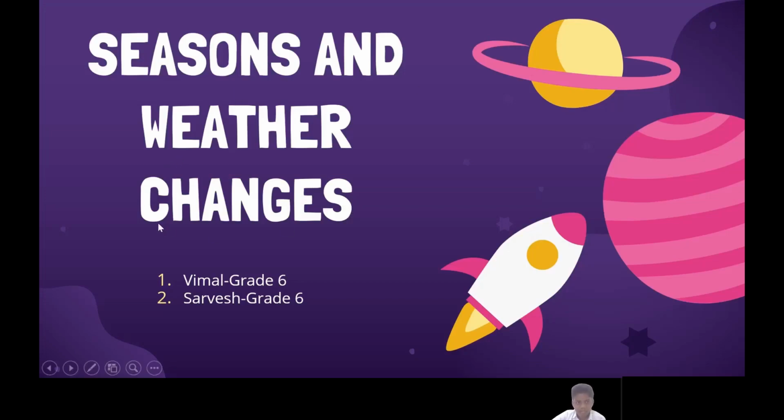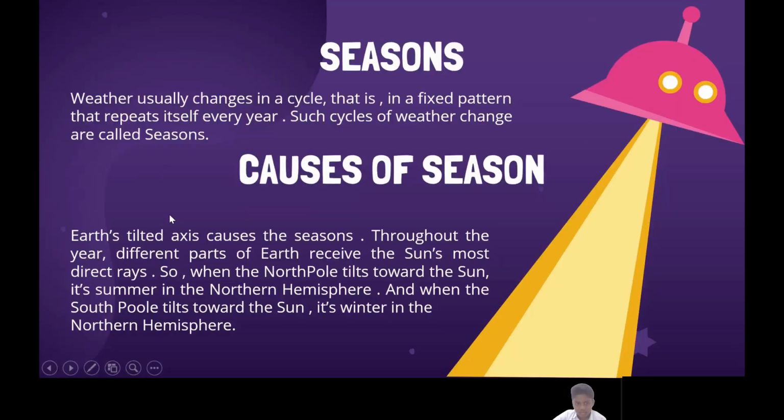Season and weather changes. Weather usually changes in a cycle, that is, in a fixed pattern that repeats itself every year. Such cycles of weather change are called seasons. Causes of seasons: Earth's tilted axis causes the seasons.